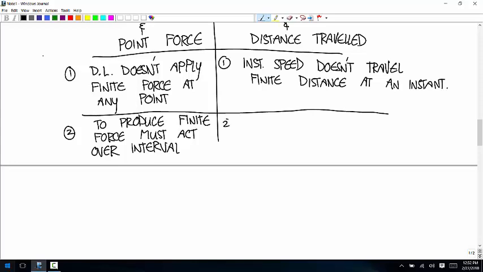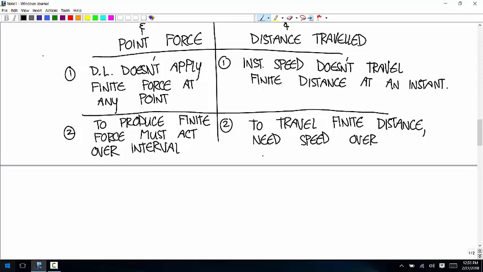Just like in order for an object to travel a finite distance, it needs to carry its speed over some finite interval of time. So to travel a finite distance, you need to have the speed over a time interval.